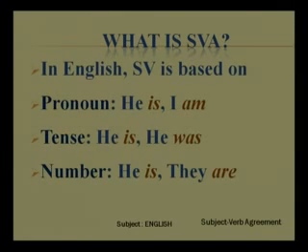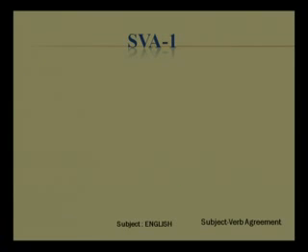When it is singular, you can write is with he, she, it. He is my brother and they are my friends. They is plural. Now we can come to our topic, that is subject verb agreement. Rule number 1.